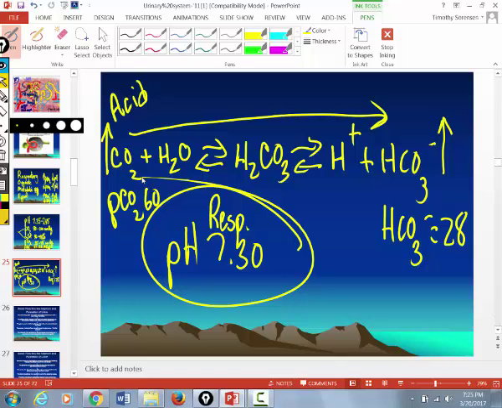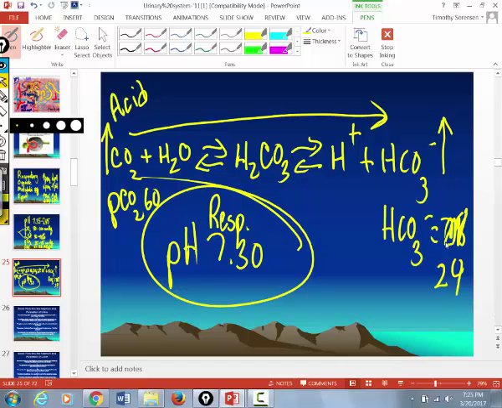Now, in a respiratory situation like that, where someone all of a sudden can't breathe, right? Somebody sticks a dirty sock down their throat. They're going to retain CO2. It takes hours, sometimes days, for the kidneys to kick in. So the kidneys may not compensate. If the bicarbonate was normal, 24, then the kidneys have not kicked in at all.